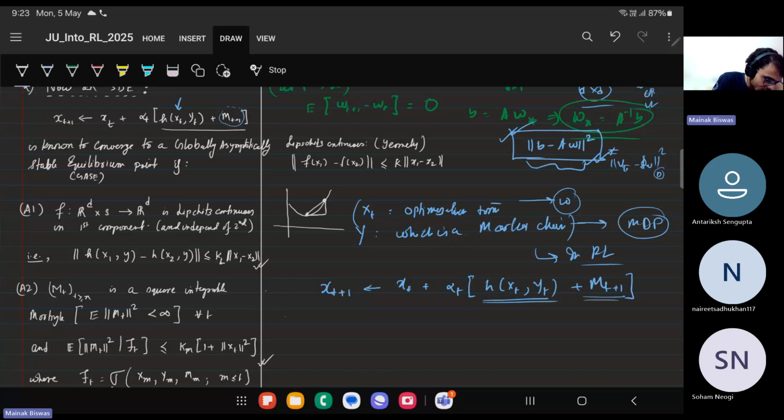So first tell me, what is the TD(0) algorithm? I will try to relate the TD(0) algorithm with this result and try to prove it.